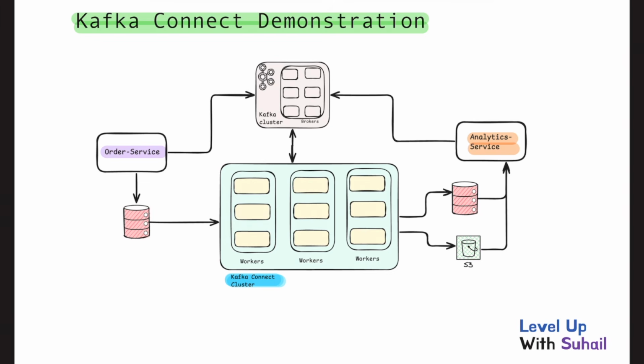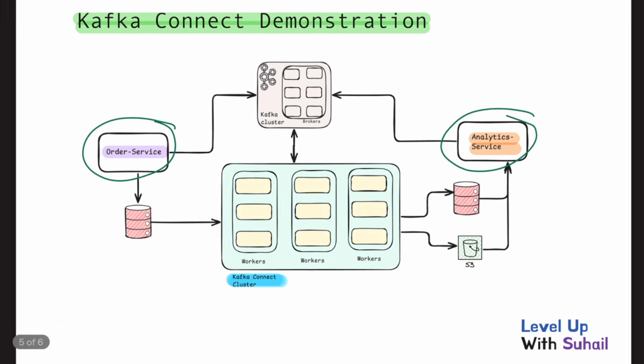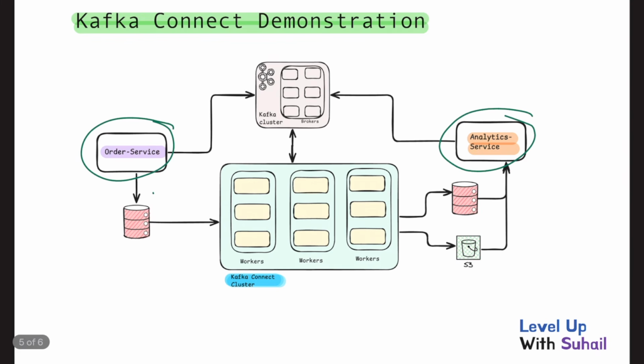So what we would be having is two services, the order service and the analytics service, right? You can imagine the order service is continuously inserting the orders into this database. For simplicity, let's say this database is a Postgres database.